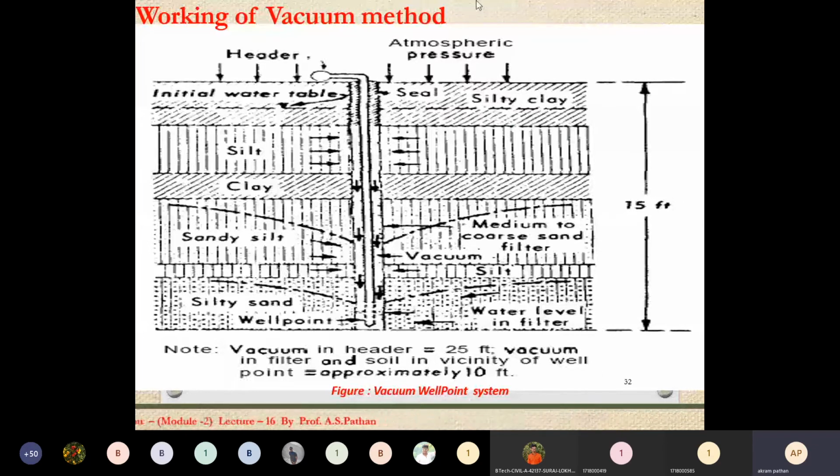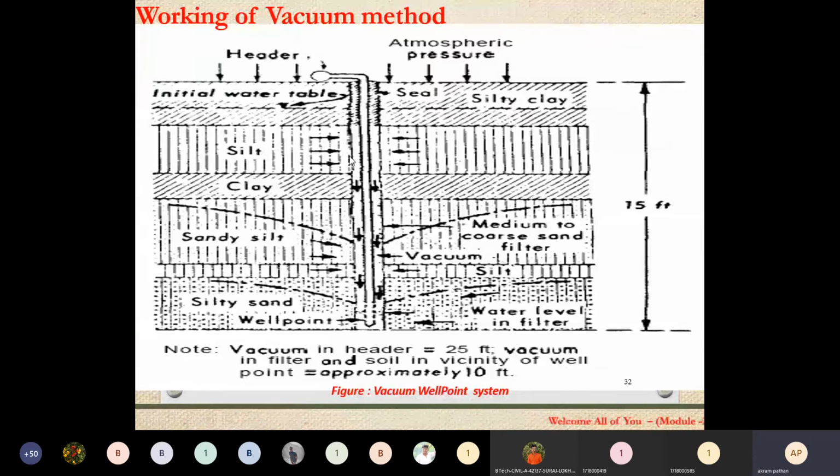Vacuum pressure is created here. This is the seal, or the bentonite we have to use for creation of the vacuum. Then the vacuum pressure is created which permits the hydraulic gradient for water to flow. The water can then discharge.